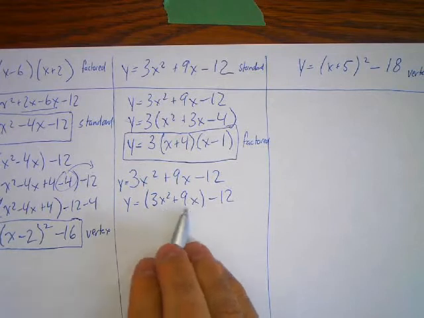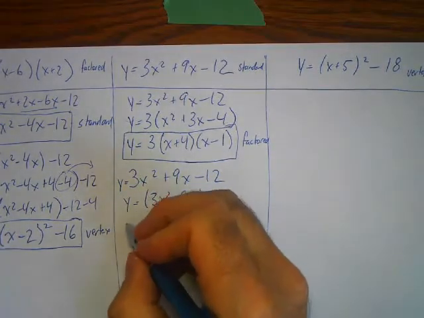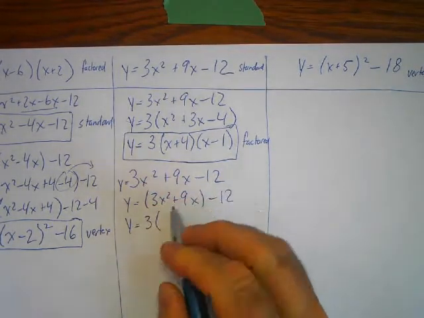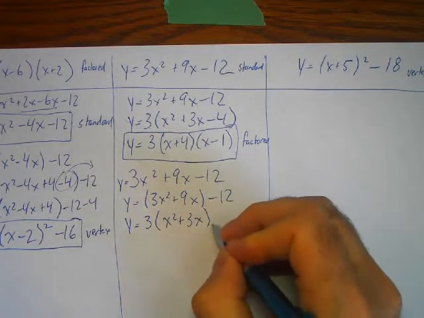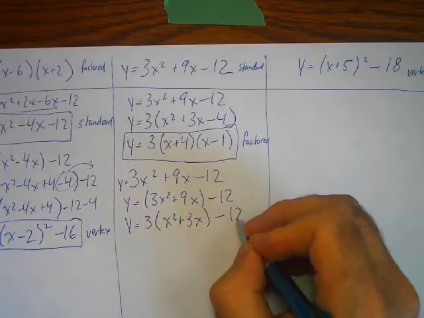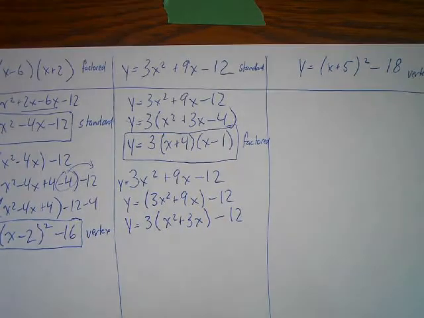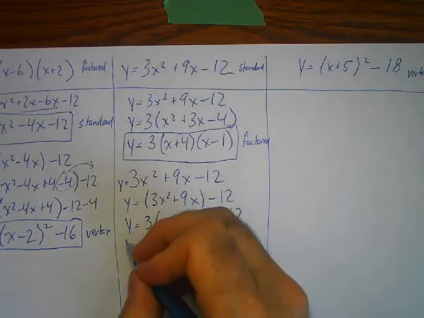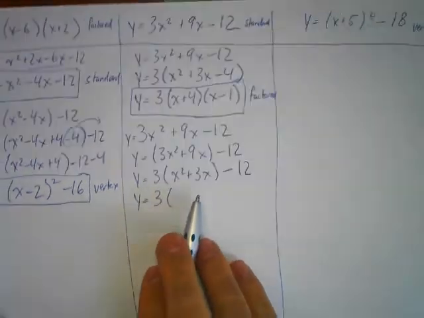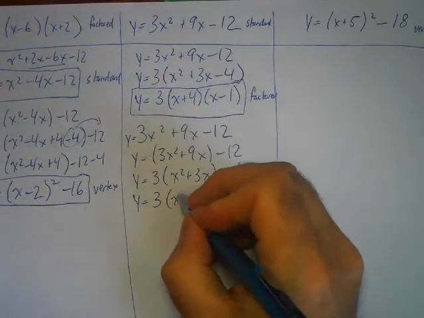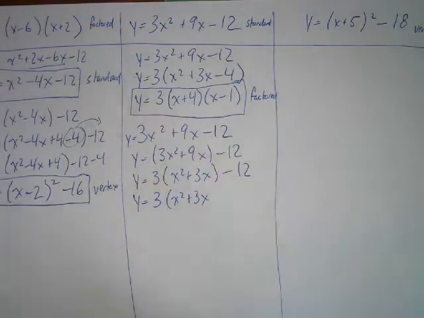Then we factor out whatever the a value is from both of these terms. So we get x squared plus 3x minus 12. Now, this is where we complete the square. I need the third term in here that makes this a perfect square trinomial.